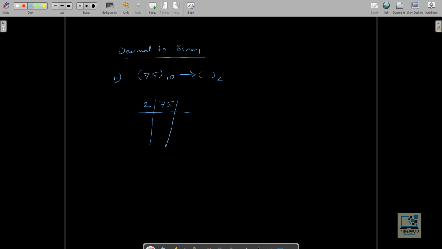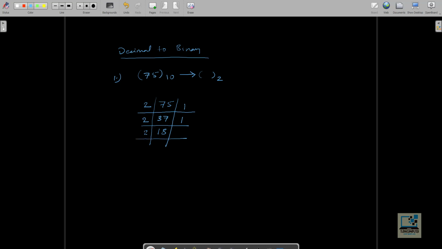So 2 3s are 6, 7 minus 6 will be 1. 1 and a 5 is 15. So 2 7s are 14, remainder 1. Directly if I say 2 37s are 74, 75 minus 74, remainder is 1. Again 2 18s are 36, remainder 1.